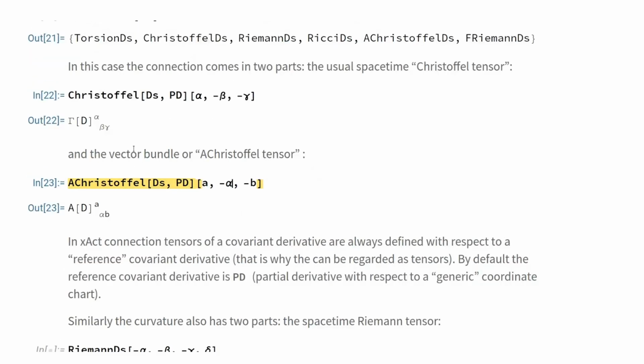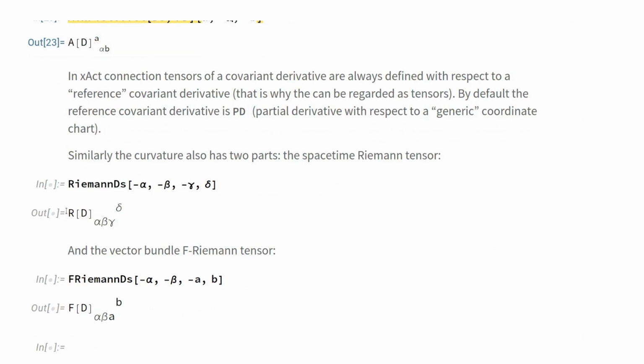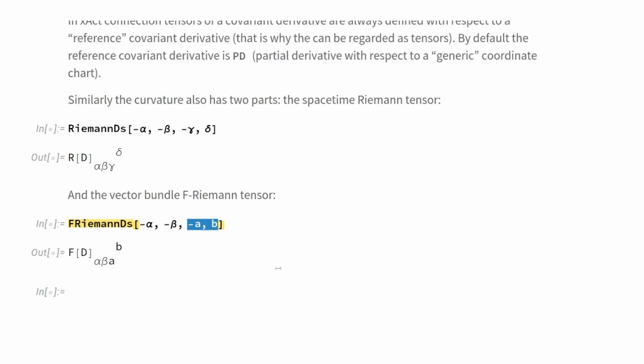So we have two sets of connection components, and something similar happens with the curvature. We have two curvatures: the standard Riemann tensor, and then the vector bundle curvature that we call F Riemann tensor. The Riemann tensor has the usual structure with all its space-time indices, and F Riemann has two antisymmetric indices, and then it has two bundle indices.